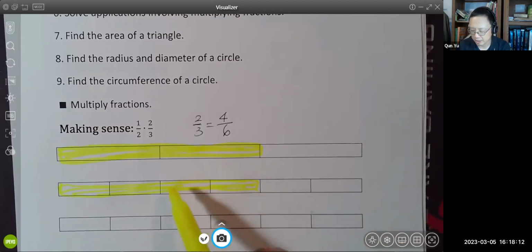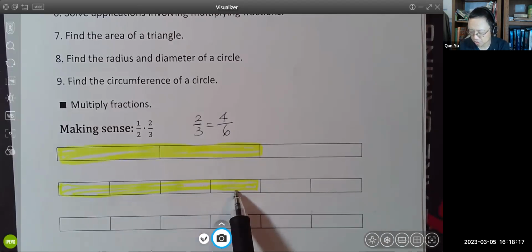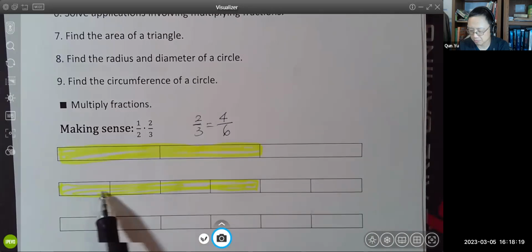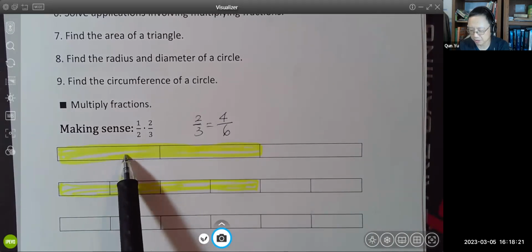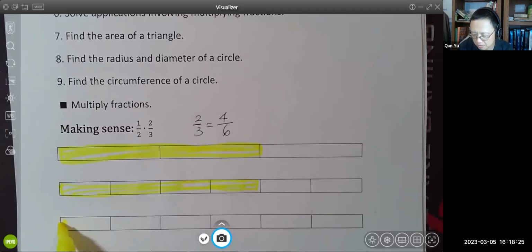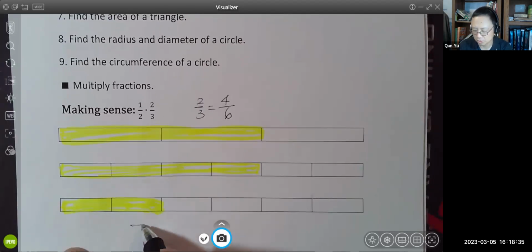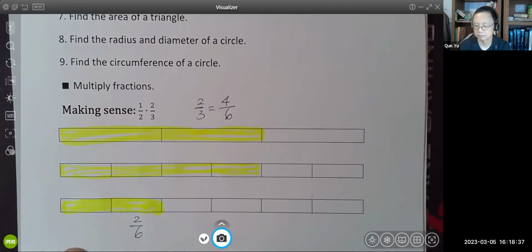Now we'll get half of this. If we get half of this 2/3, we just get 2 smaller blocks instead of 1 bigger block here, right? So our final answer is this part. We got 2 blocks out of 6. That's our answer, 2 out of 6.